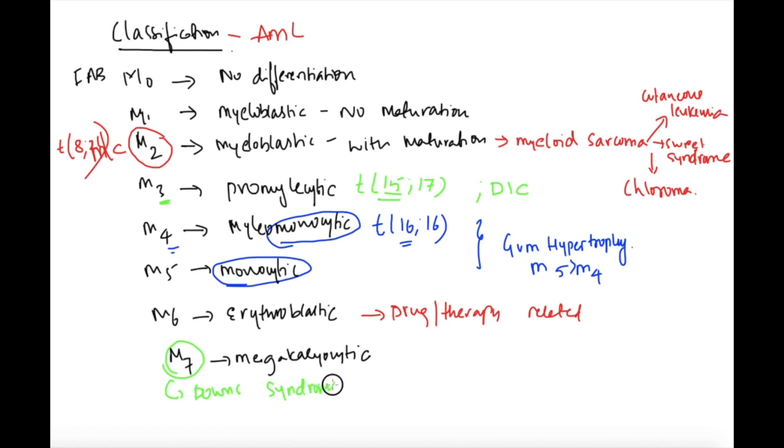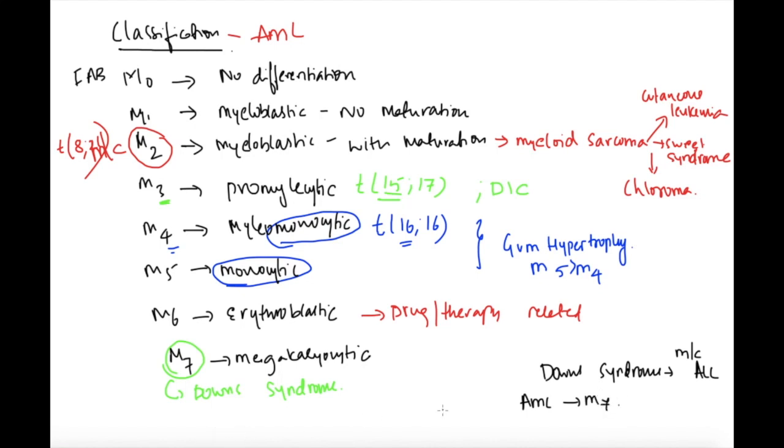In children with Down syndrome, the most common leukemia would be ALL, because in children the most common type of leukemia is ALL. But if they have AML, then it is going to be type M7.